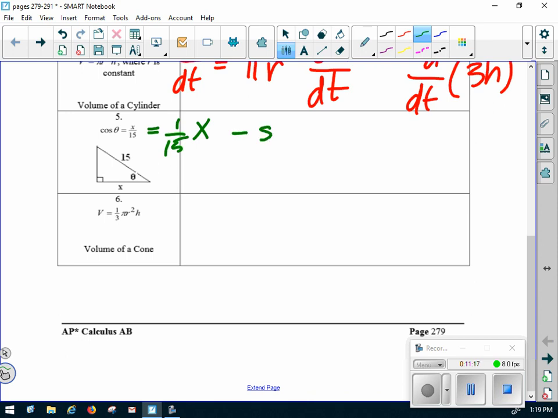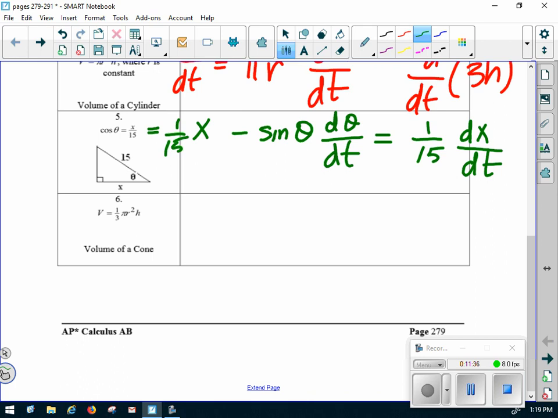Negative sine theta d theta dt equals dx dt.